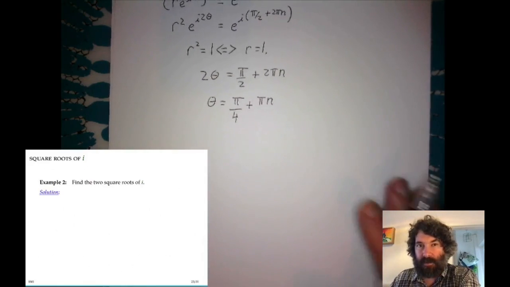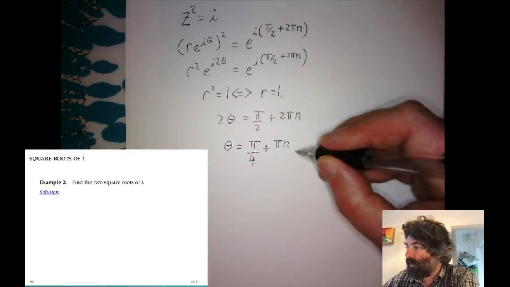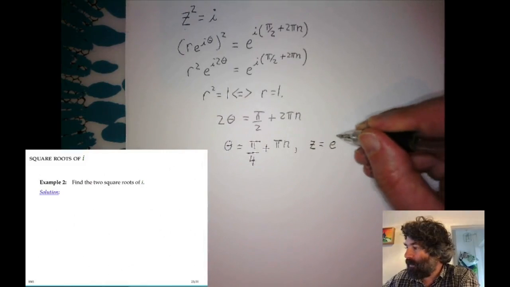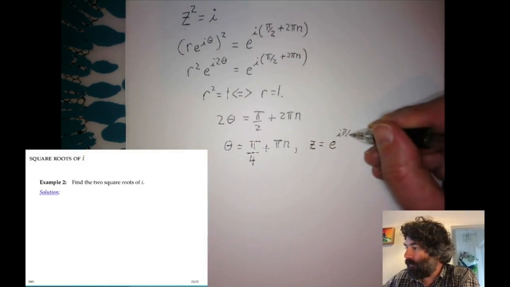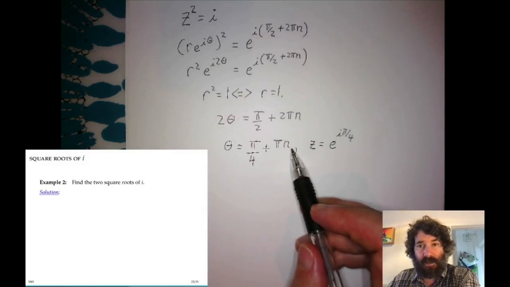All right, and so the solutions of this equation, z squared equals i: r e^(iπ/4), that's what you get when you take n equals 0.